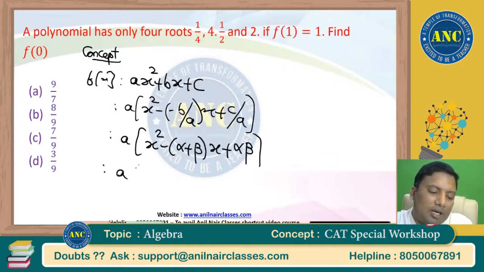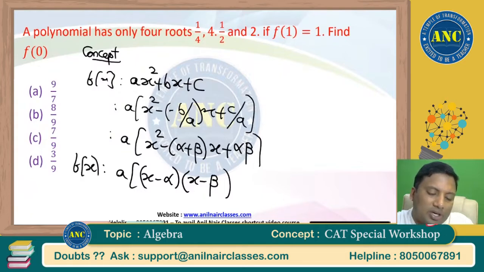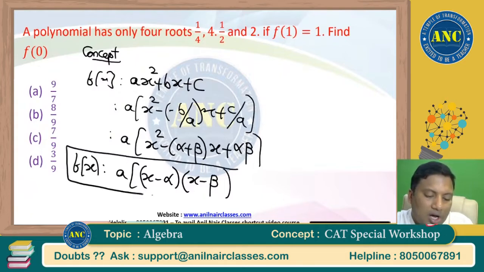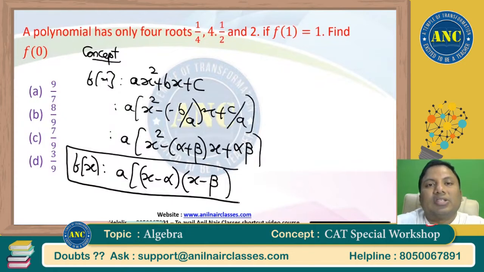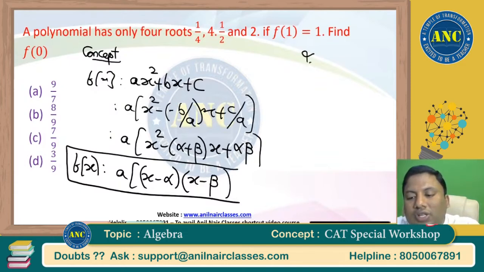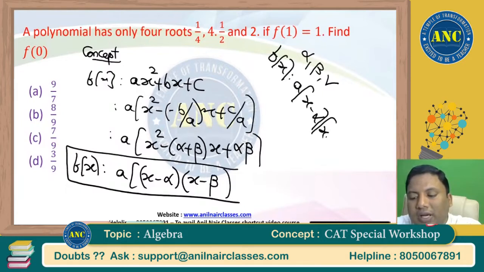This is nothing but a into (x minus alpha) into (x minus beta). That means any quadratic expression with 2 roots, alpha and beta, can be written as a into (x minus alpha) into (x minus beta). If there are 3 roots, alpha, beta, gamma, this can be written as a into (x minus alpha), (x minus beta) and (x minus gamma).